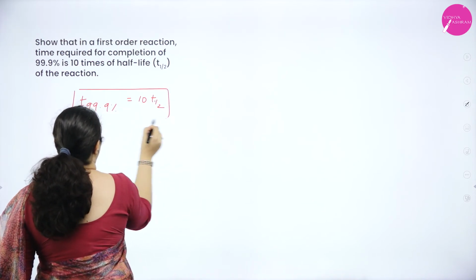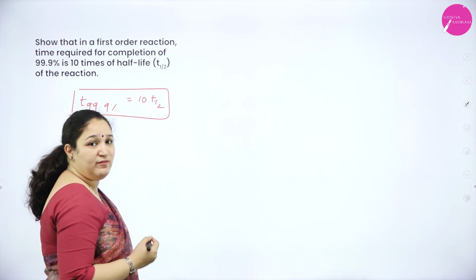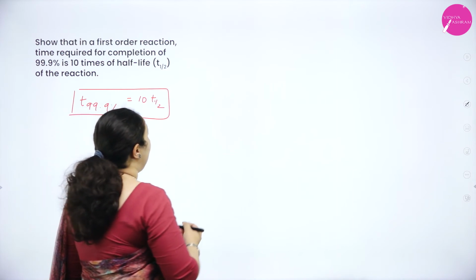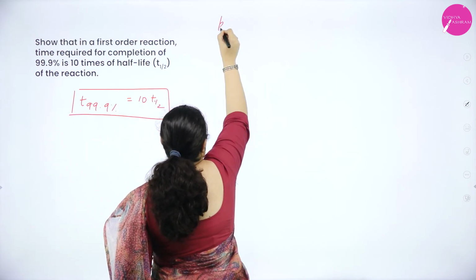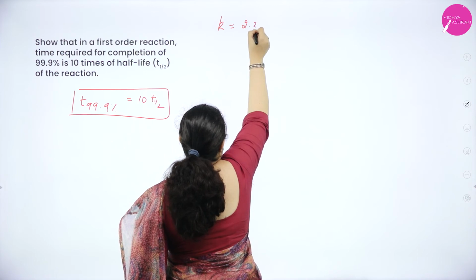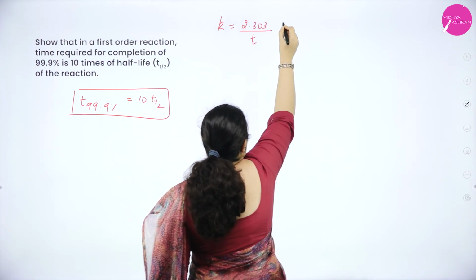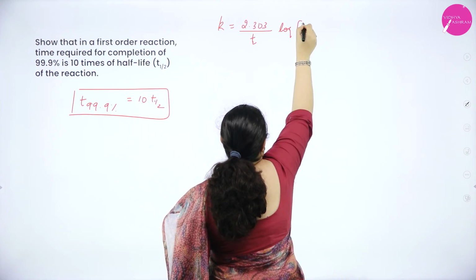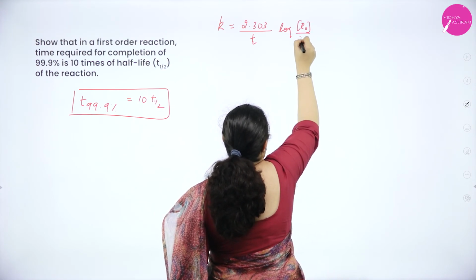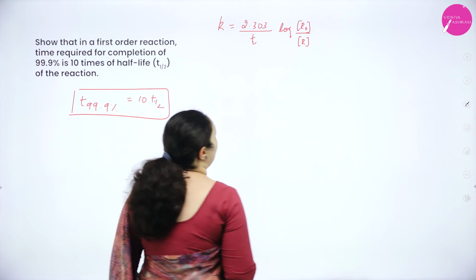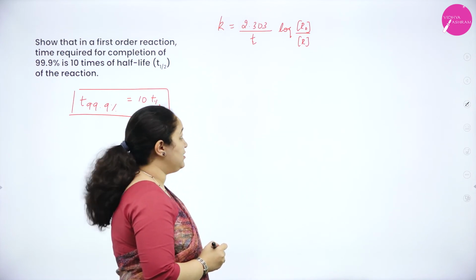We have to prove this. So how will we start? We'll take that K is equal to 2.303 by T log of R naught by R. Okay, this is my first equation.